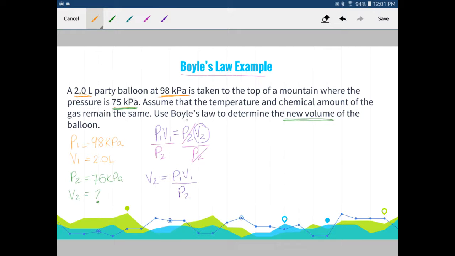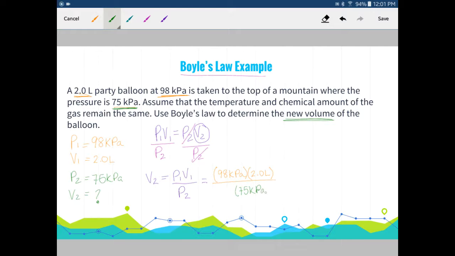In this case, solving for my final volume, I'm going to begin by plugging my variables into my equation. I have P1, which is 98 kilopascals, times my V1, which is 2 liters. These are the correct units I should be dealing with, kilopascals and liters. And my second pressure is 75 kilopascals.